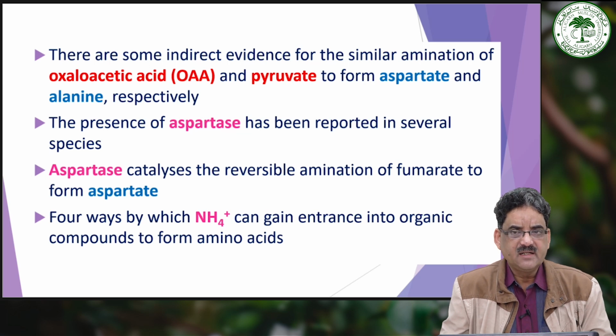So, from this slide, we can say that indirect evidence suggests that oxaloacetic acid can undergo amination to form aspartate, while pyruvate can be aminated to produce alanine. These processes involve the addition of an amino group to oxaloacetic acid and pyruvate, resulting in the synthesis of aspartate and alanine respectively.